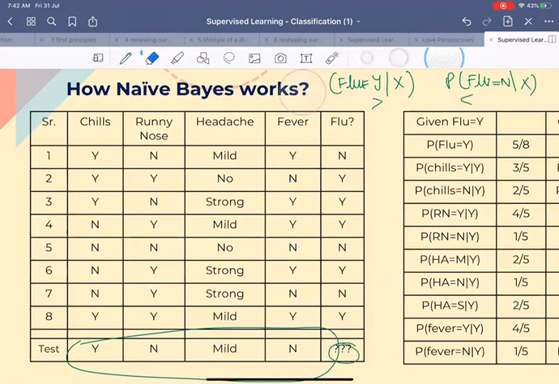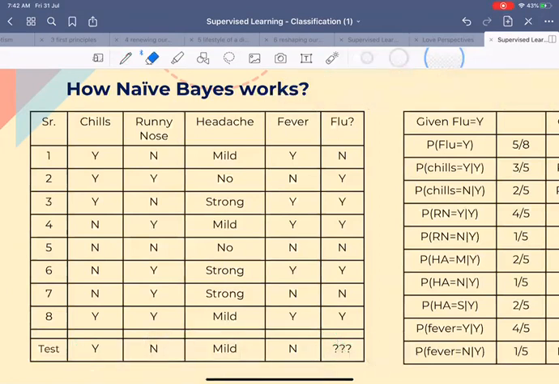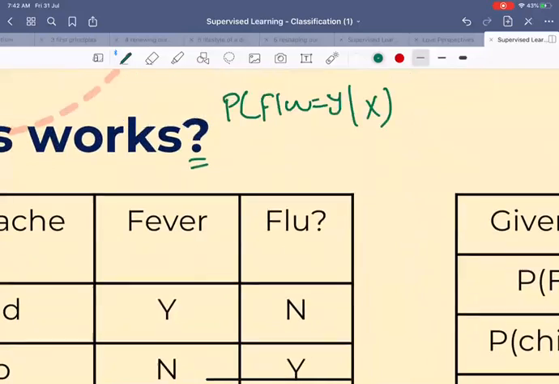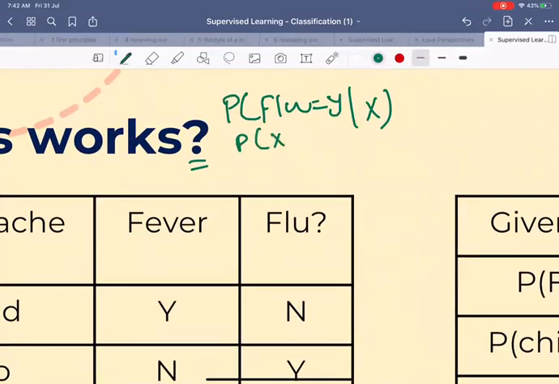Now what Bayes theorem says is that to evaluate the probability of having flu given X, it is equal to the probability of X happening given we know that flu has already happened, multiplied by the probability of flu is equal to yes.